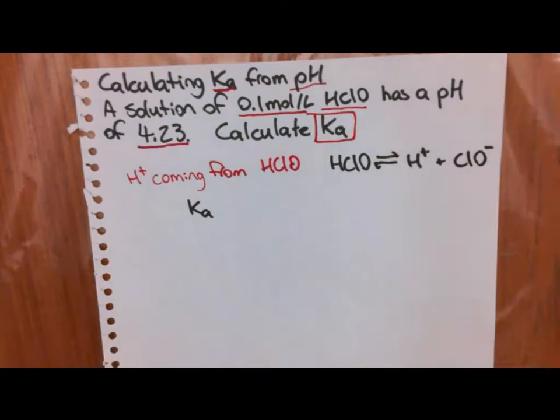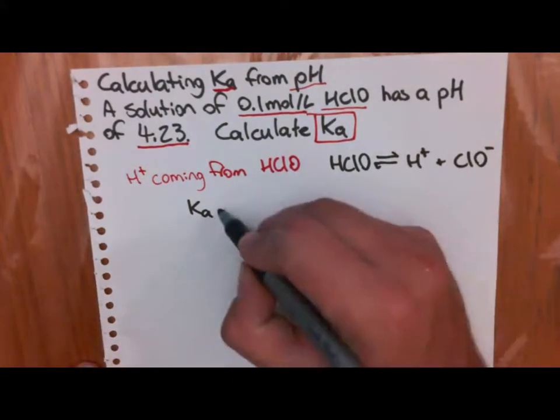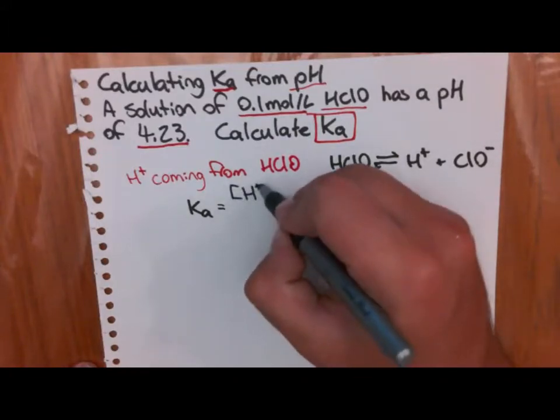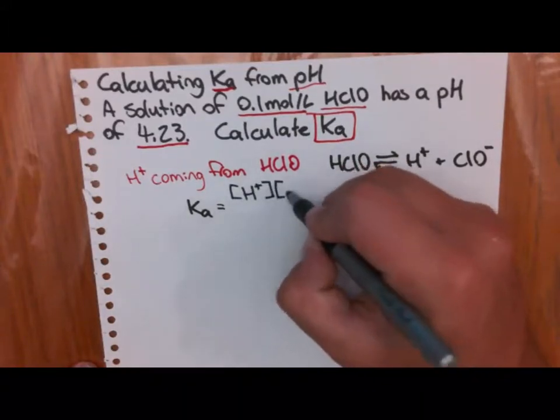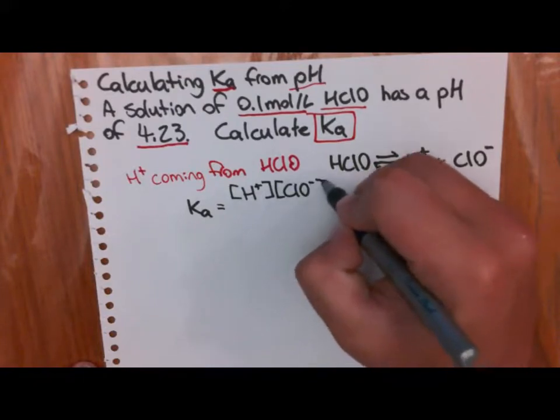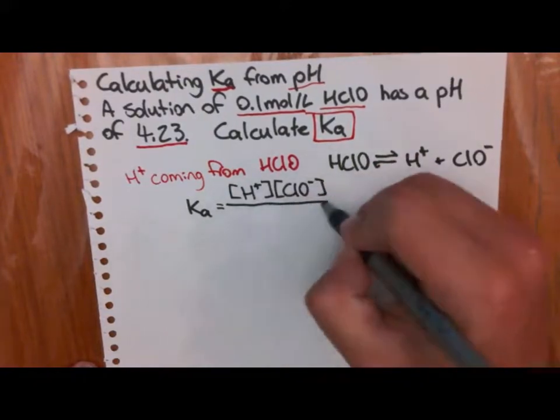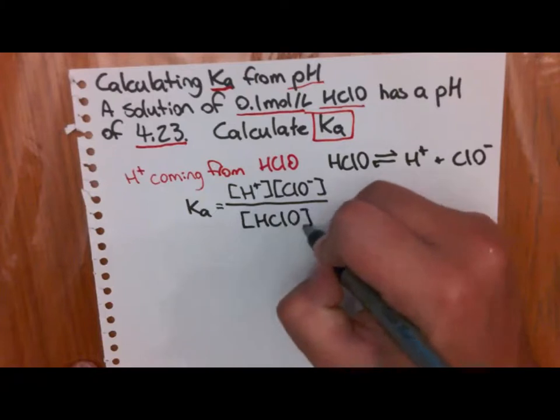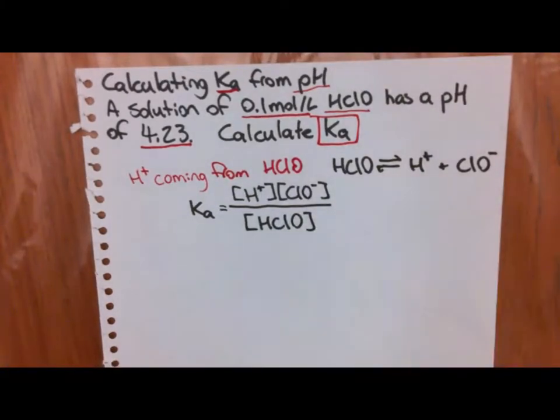So by looking at this equation, we can tell that our Ka is going to be equal to the concentration of our H plus times the concentration of the ClO minus all over the concentration of HClO. We've seen this many times before now.